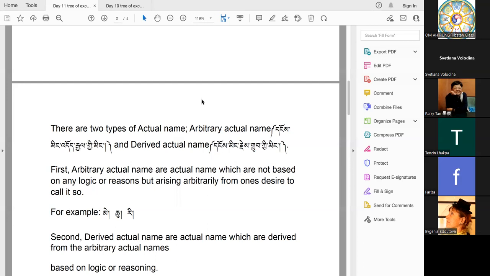It's derived from two arbitrary names, actual names, which are Kang and Ri. But when we combine these two, we see that it is given by logic, which is based on the arbitrary name. And on the basis of the arbitrary name, we are building this logic. And now that we have given it the name Kangri, it will only represent Kangri and nothing else, right?